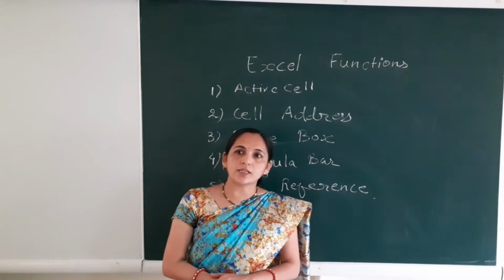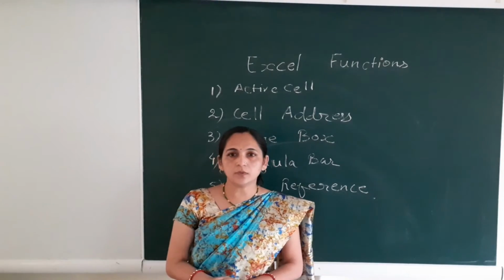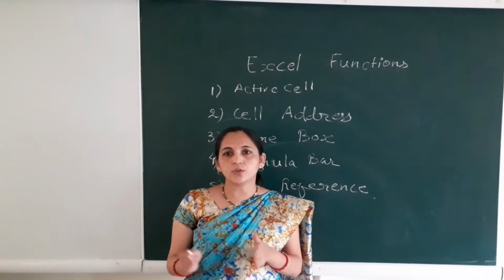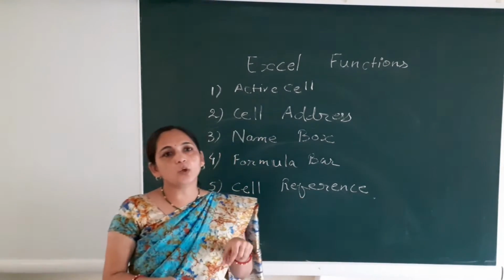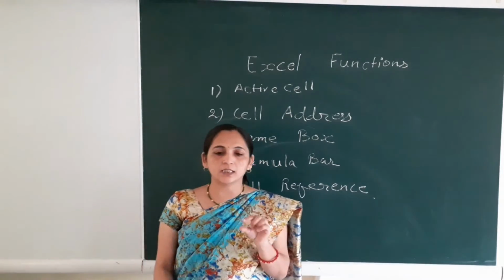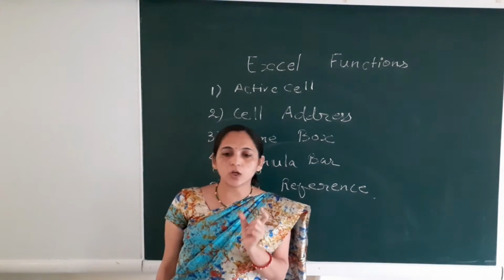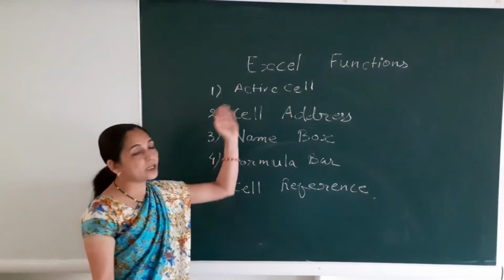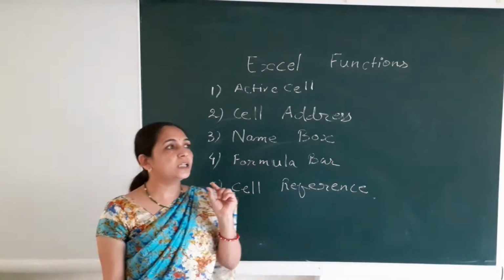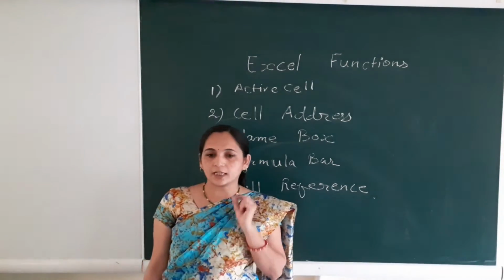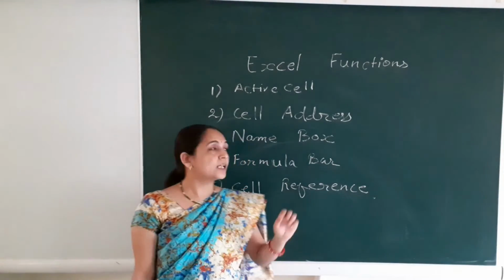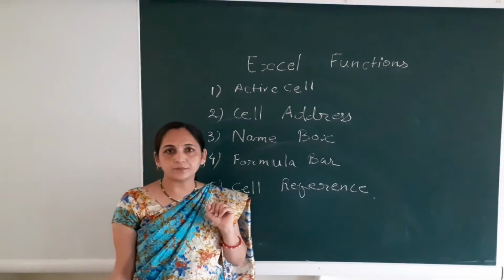A sheet is divided into rows and columns, and where the rows and columns intersect, that rectangular box we call a cell, and we can write only in the particular cell which we have selected. That selected cell is known as the active cell.